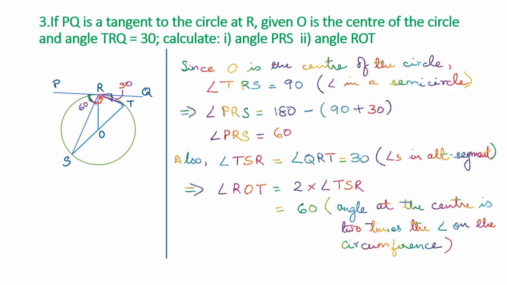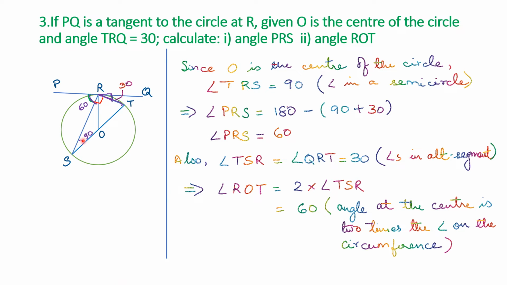In this segment, with the endpoints as R and T, I am getting angle RST, which will also be equal to 30 degrees. So angle TSR is equal to angle QRT, angles in the alternate segment, which is equal to 30 degrees.